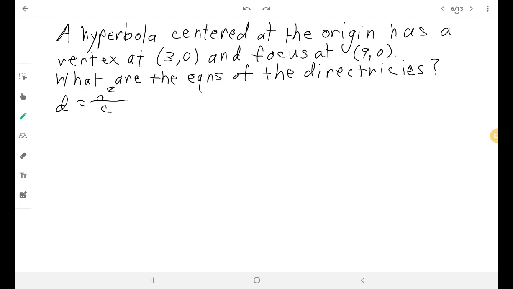The distance of those lines from the center to where they are is equal to a squared over the C distance, the A distance squared over the C distance.